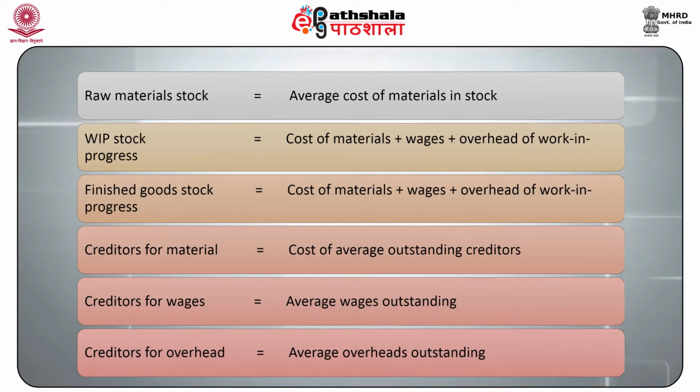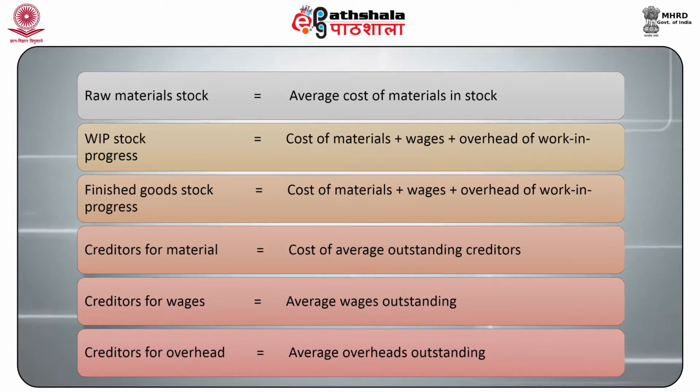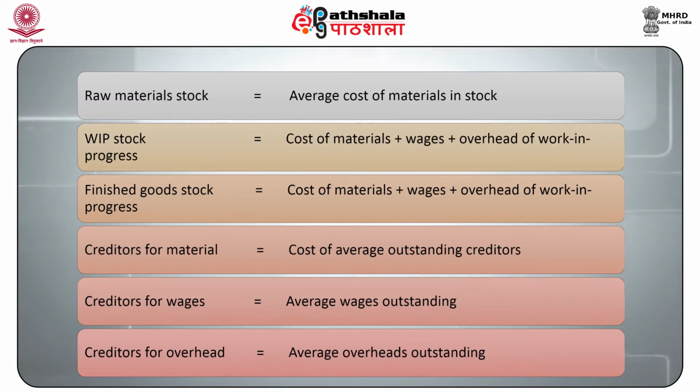Finished goods stock is equal to cost of materials plus wages plus overhead. Creditors for material is equal to the cost of average outstanding creditors. Creditors for wages is equal to average wages outstanding. Creditors for overhead is equal to average overhead outstanding.